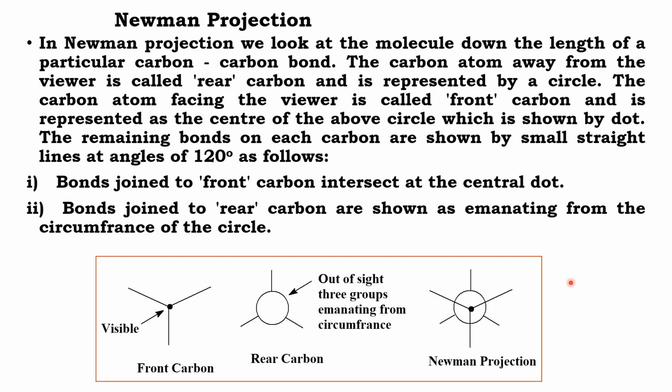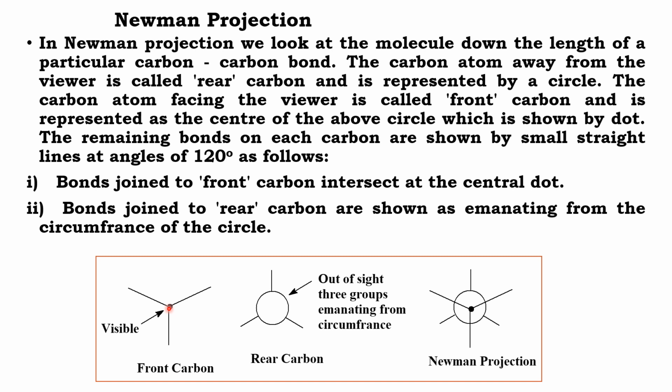Now we move to the Newman projection formula, which is very simple. When we consider the Newman projection formula, we consider a circle as the carbon atom, and the circle of the carbon atom represents the back carbon atom or rear carbon atom, and the front carbon atom is represented by three lines.